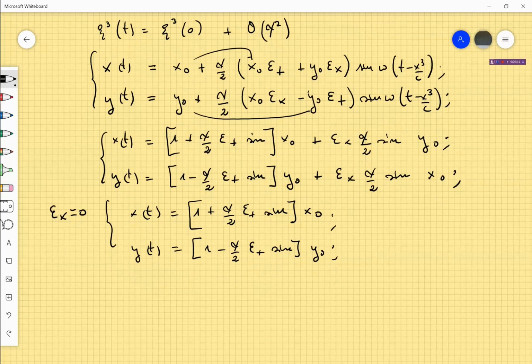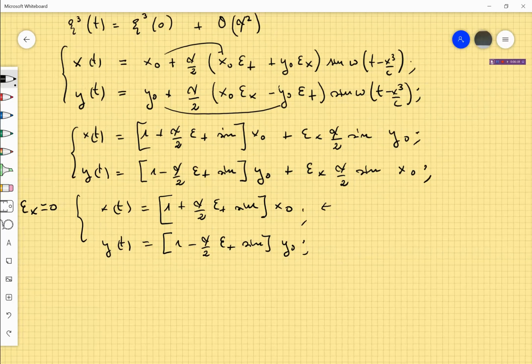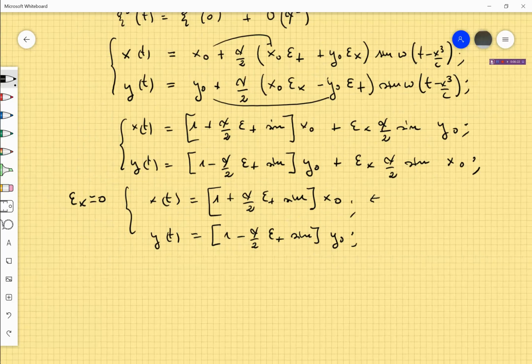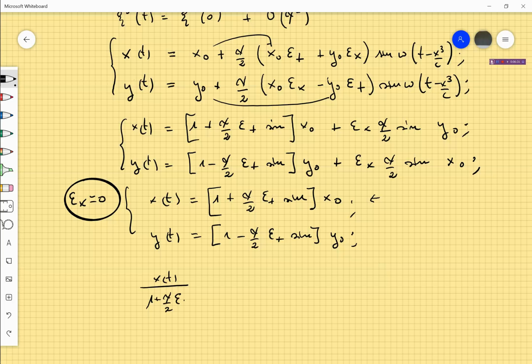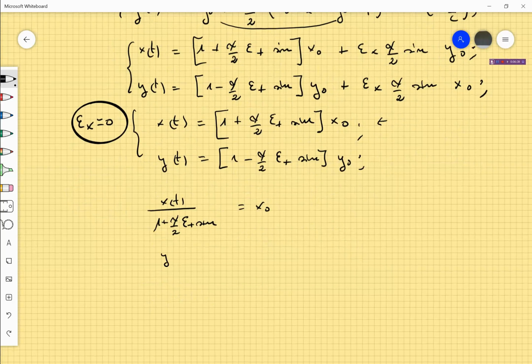And now, if you divide this first equation by 1 plus chi over 2 epsilon plus, and this sine, you get x0. Do an analogous thing for y, and this is equal to y0.